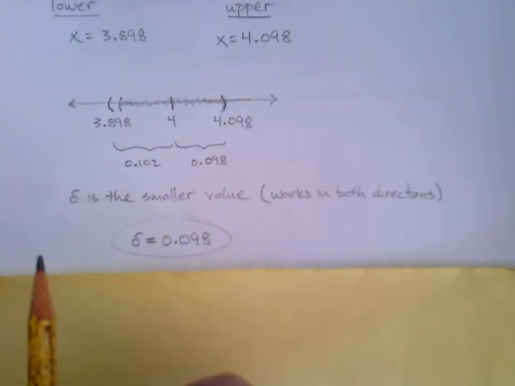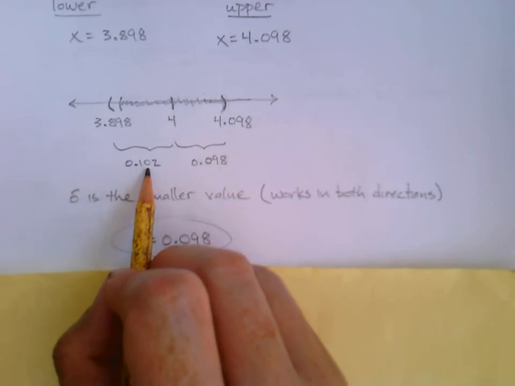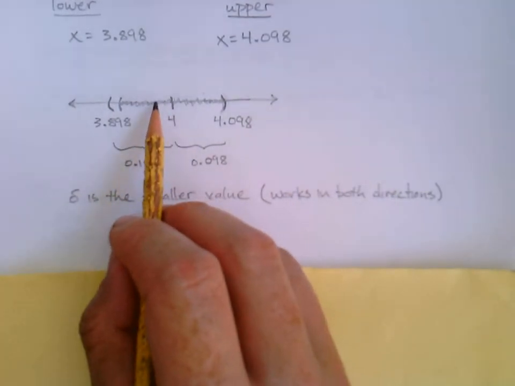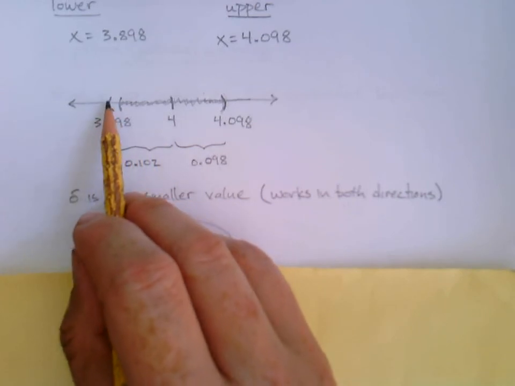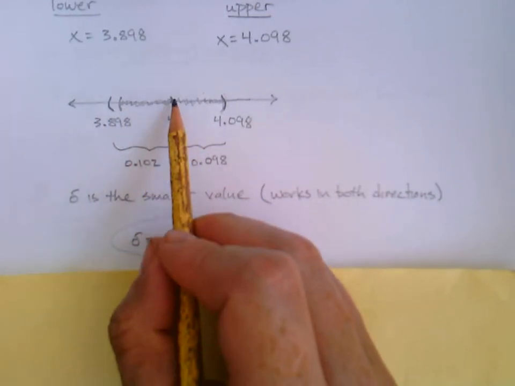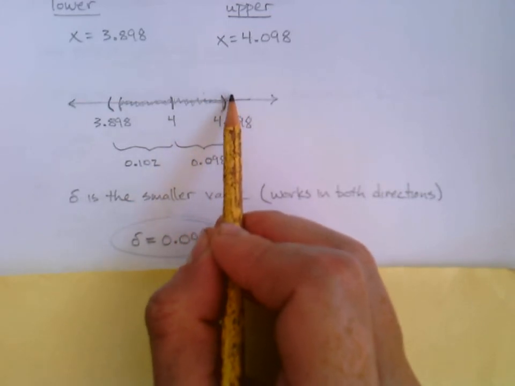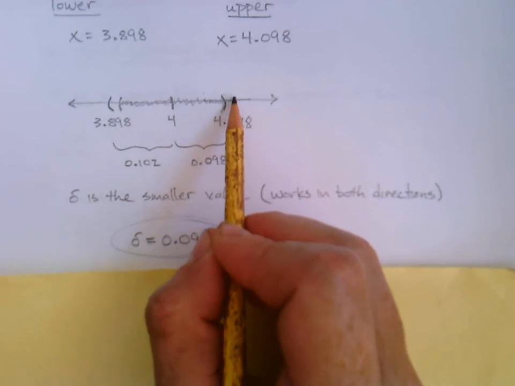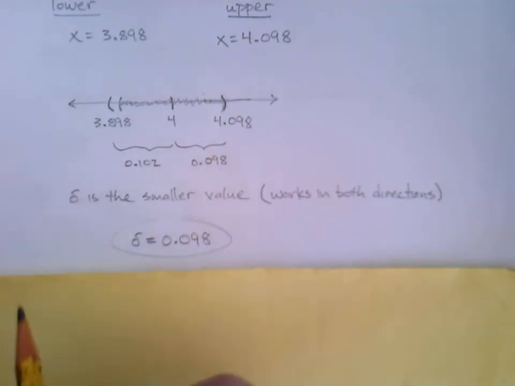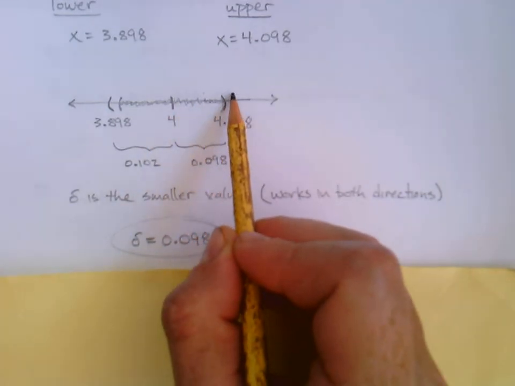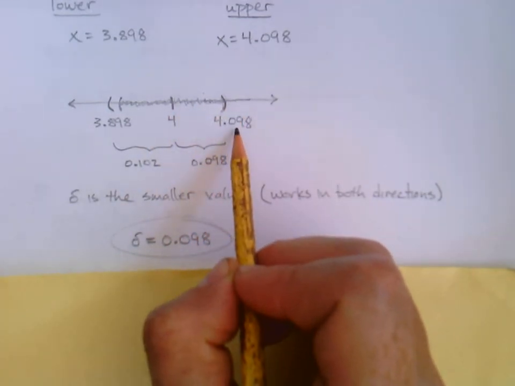If you were to pick the bigger number, why would that be wrong? The bigger number would be fine in the lower direction, but in this direction it would go beyond, and it would allow some x values up here that do not satisfy your requirements for epsilon, outside your upper boundary.